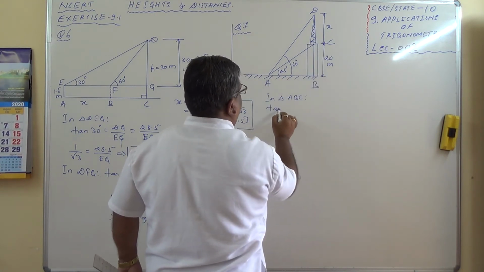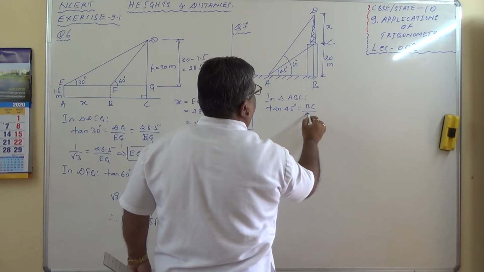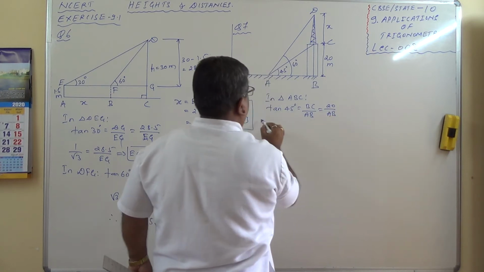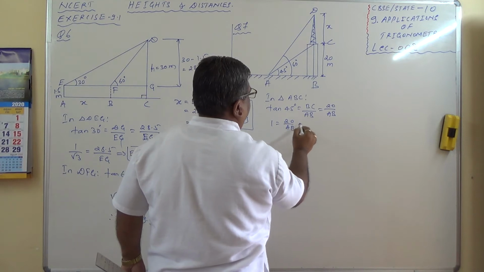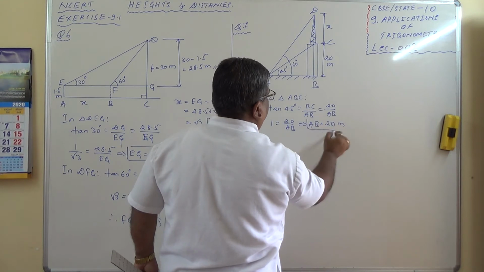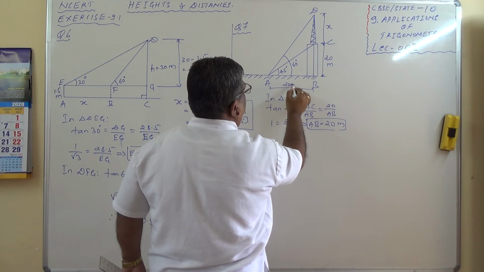Tan 45 degrees equals BC divided by AB, which is 20 divided by AB. Tan 45 is 1, so 20 by AB implies AB equals 20 meter. So from here to here it is 20 meter.